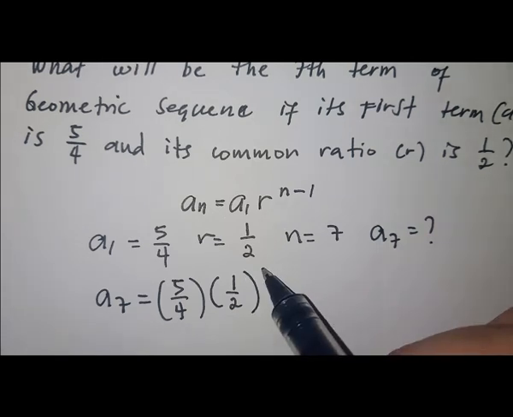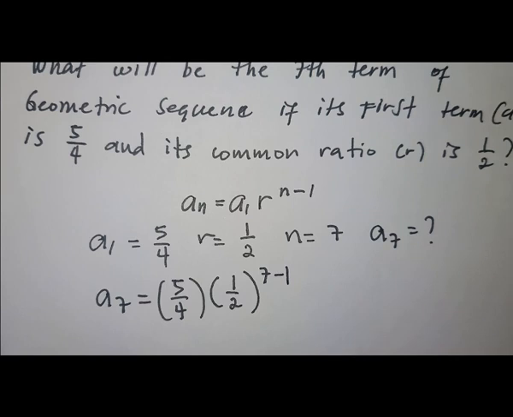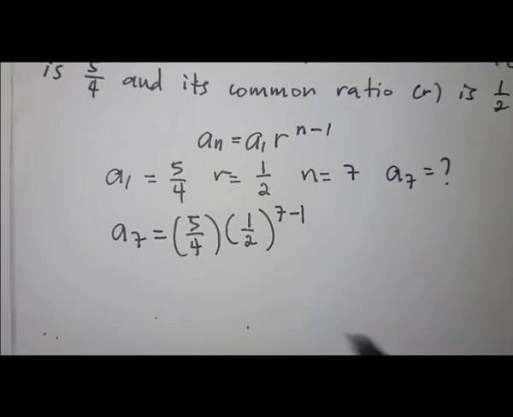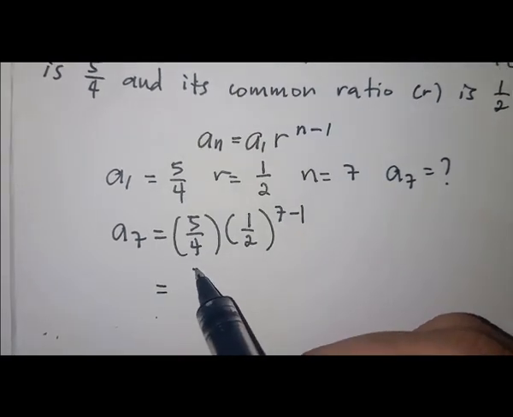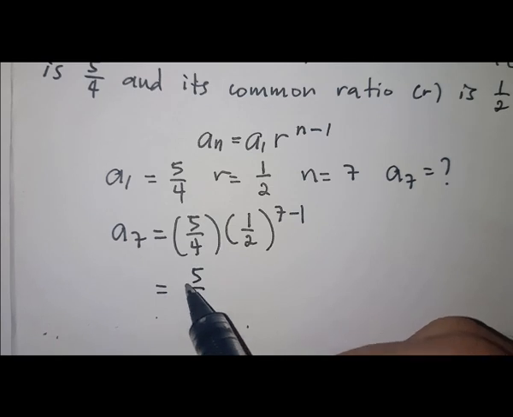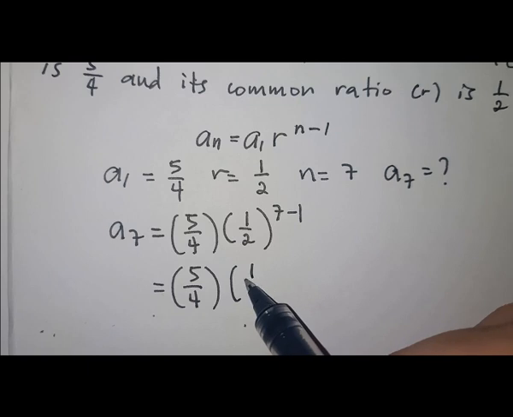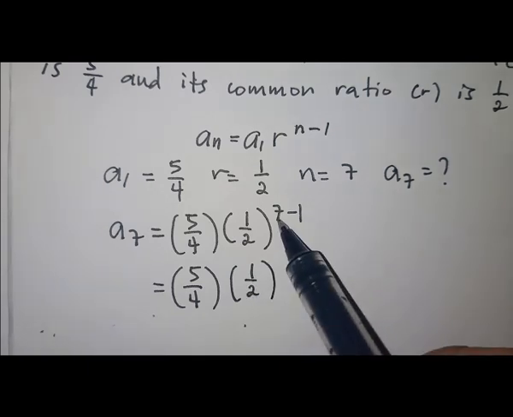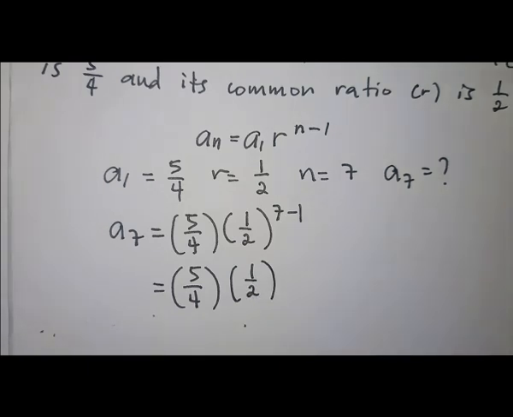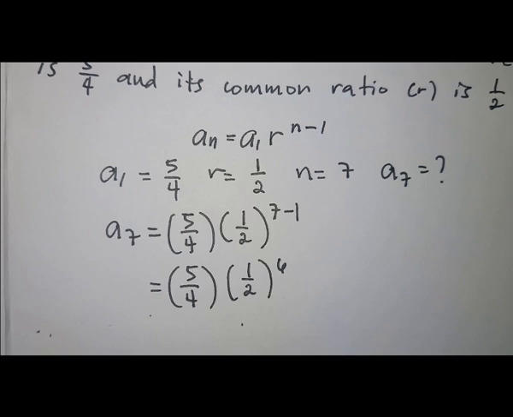Ang n natin ay 7, so we have 7 minus 1 here. Okay, next. So we have 5 over 4 times 1/2. 7 minus 1 is, okay, 6. So ngayon, yung 1/2 raised to 6 natin, so syempre, yung multiply lang natin si 1/2 ng 6 na beses sa sarili niya.